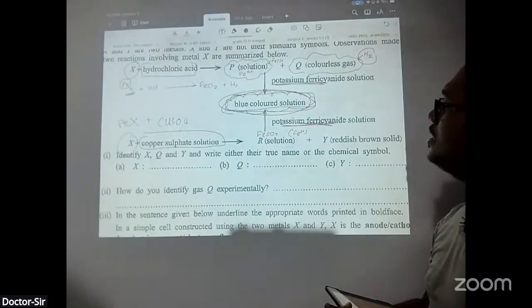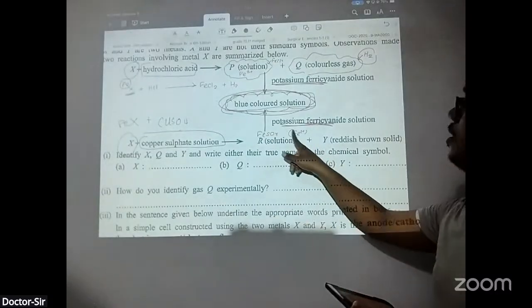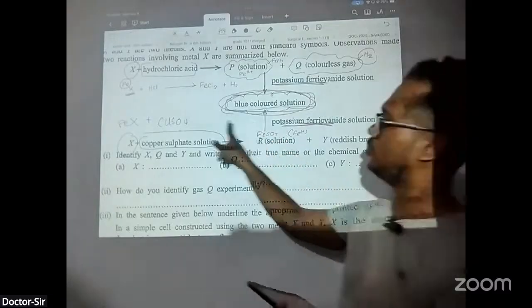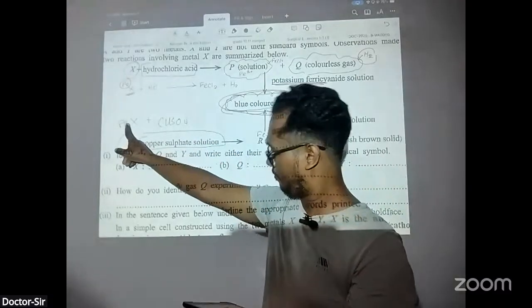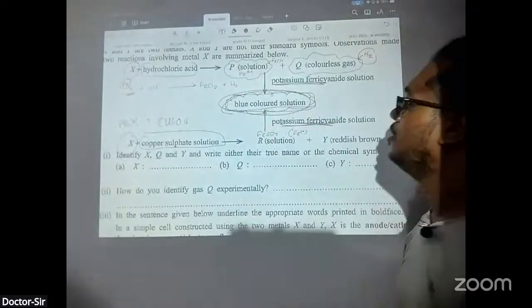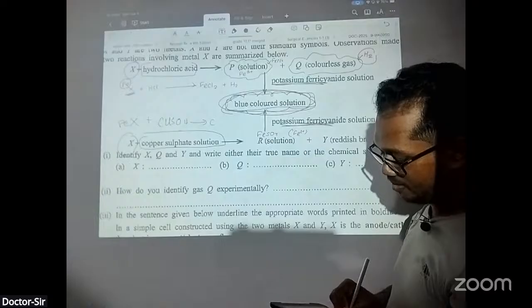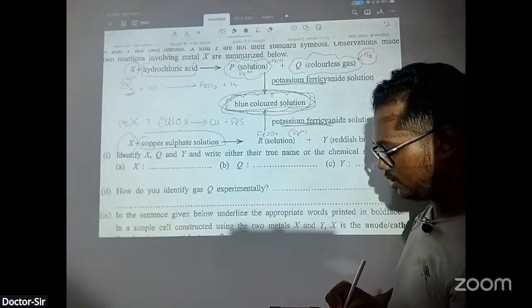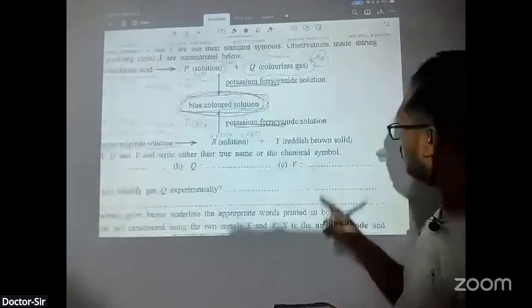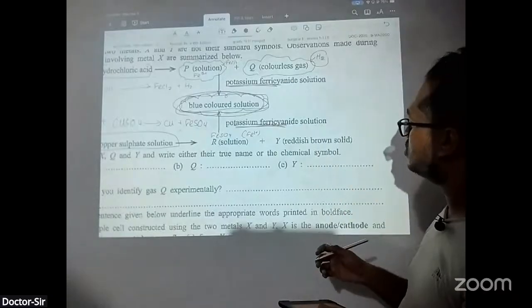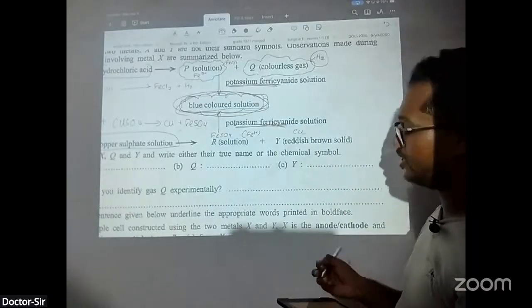Right, now we can identify all the things. Ferrous plus copper sulfate forms copper and FeSO4. So what is this reddish brown solid? That is definitely copper.